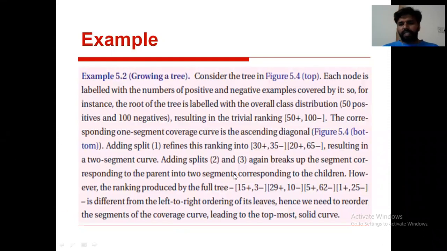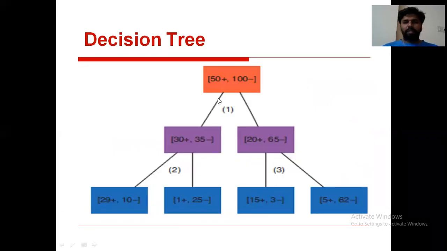And observe this example. Observe the decision tree. This decision tree has 50 positives and 100 negatives.